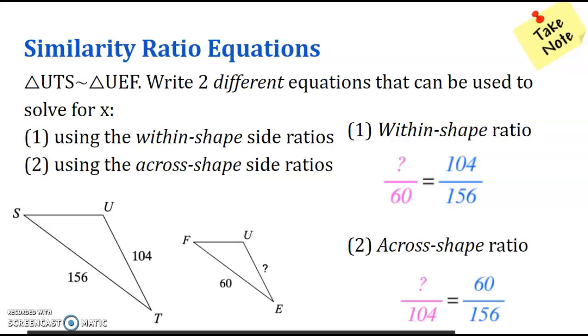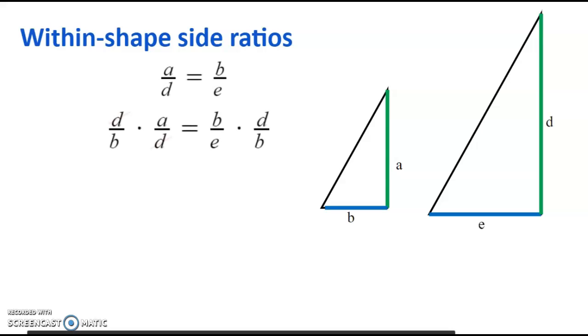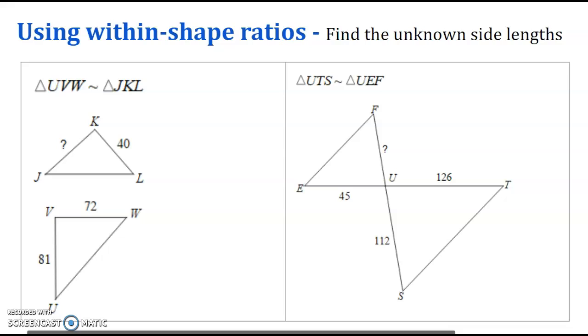I want you to start getting used to using the within shape ratio as well, because it's going to come in handy when we are doing sine, cosine, and tangent. And this is a quick explanation of why this works. And then I left you with this problem.